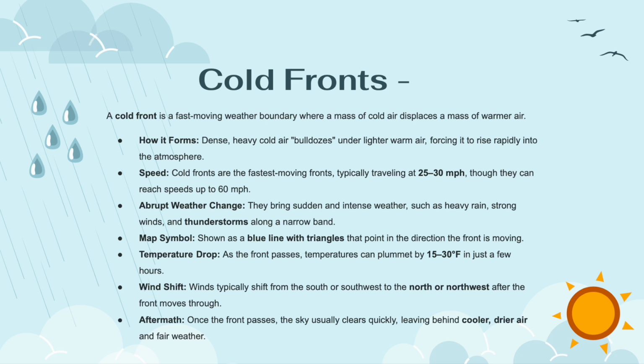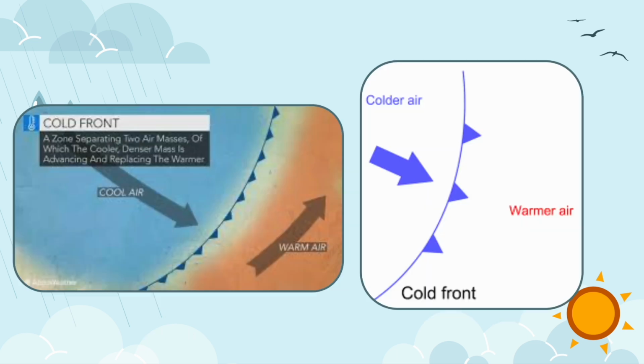An example of the cold front in our environment would be when it's pouring, so much rain. That's when you would know it's a cold front. And then once it goes by, it should be nice and dry, but still a little cool.